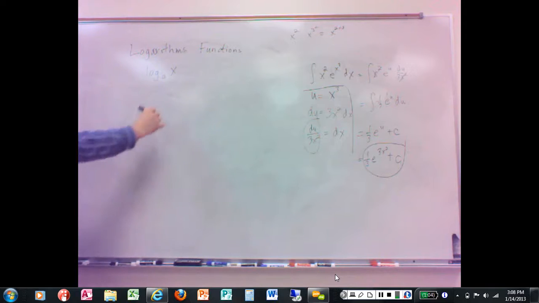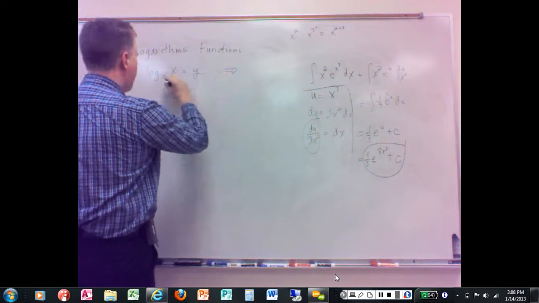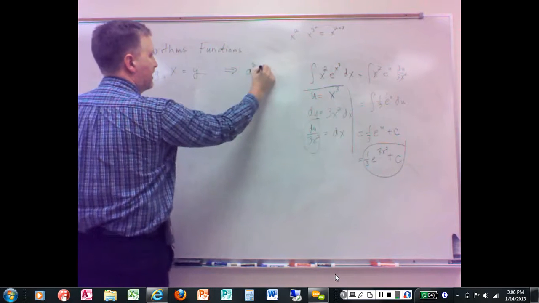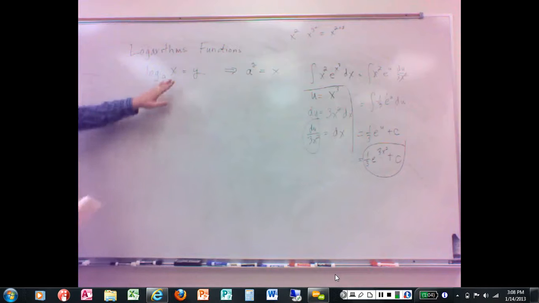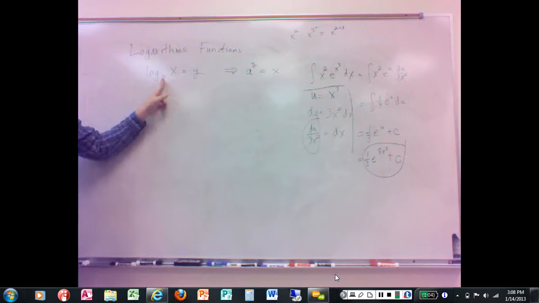Well, if you've got the logarithm base a of x equals some number y, that means a to the y power equals x. When I do a logarithm of some number, I'm looking for the power of this base. y is going to be the power that gives me the x, right?